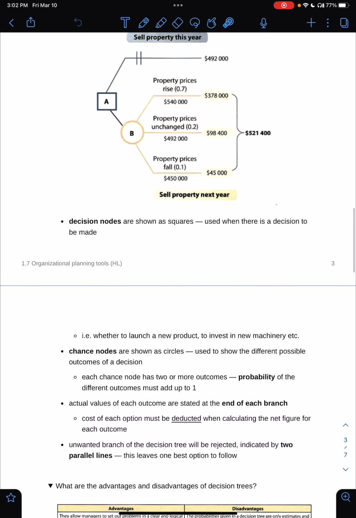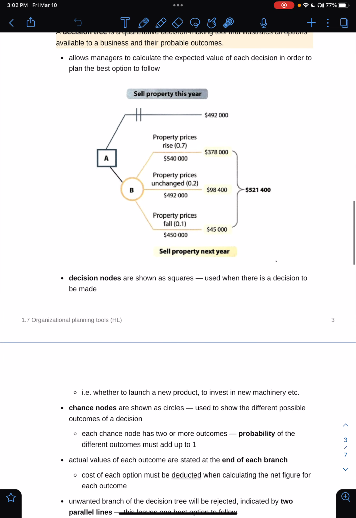And the actual values of each outcome are stated at the end of each branch. So when we take a look at this diagram again, when the company chooses to sell the property this year, they'll earn $492,000. But if they choose to sell the property next year, they will earn $521,400, and this is calculated by multiplying the amount they earn in each outcome and the probability of the outcome happening.